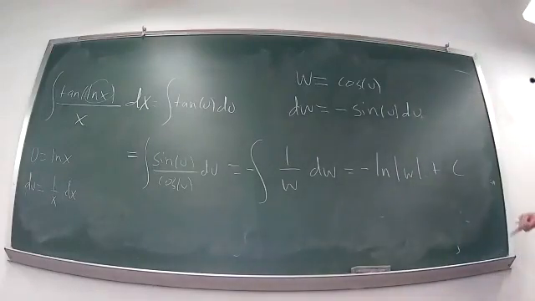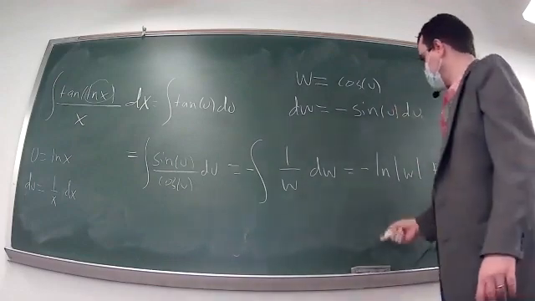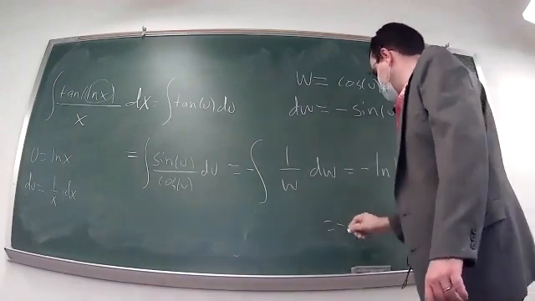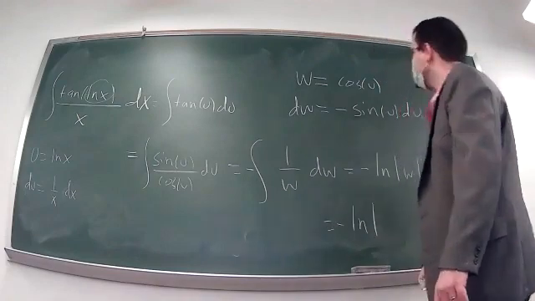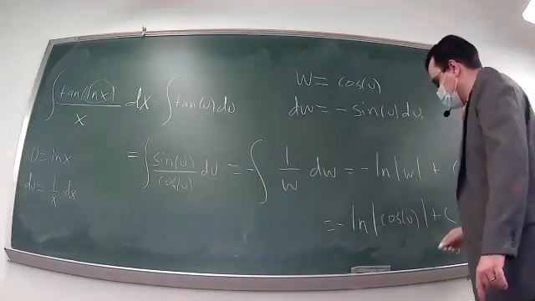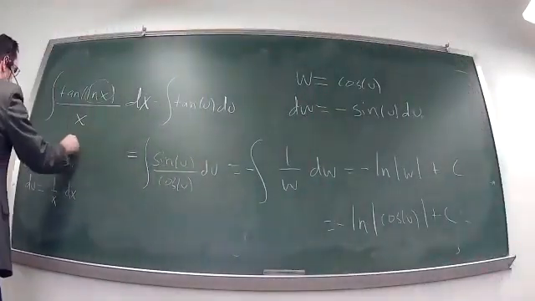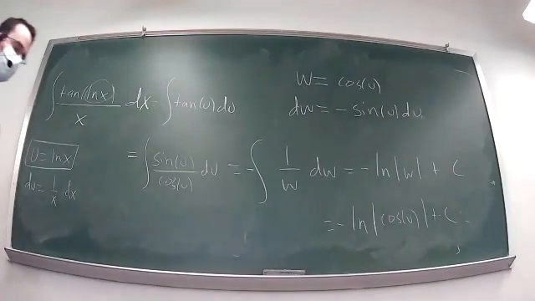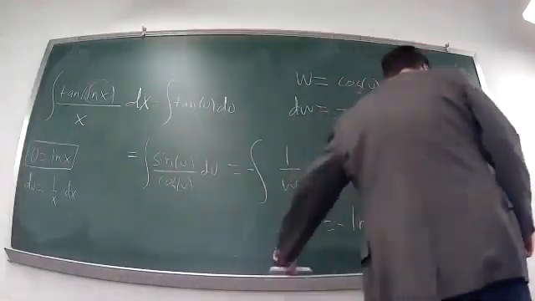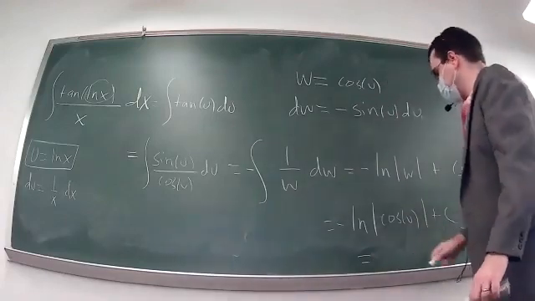And so now I unsubstitute and say w was cosine of u. So this is equal to negative natural log of cosine of u plus a constant. I'm not quite done yet, because actually u was equal to natural log of x, and this problem was presented to me in terms of x. So I should write the answer in terms of x.